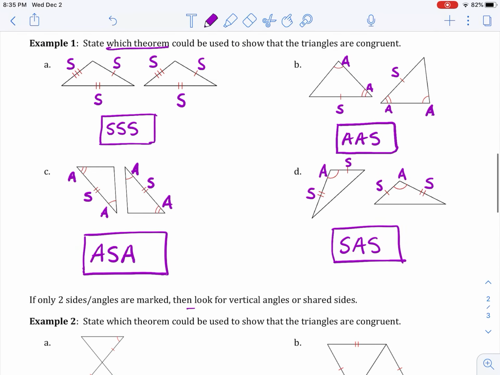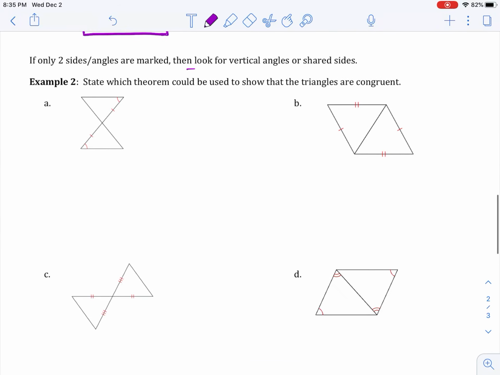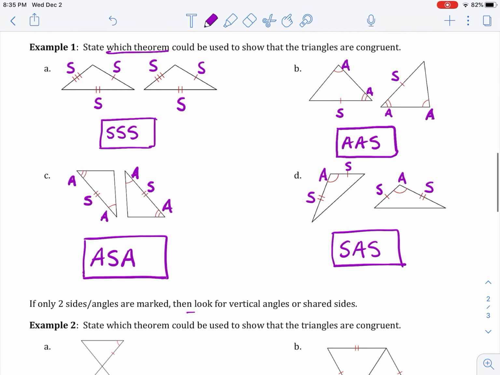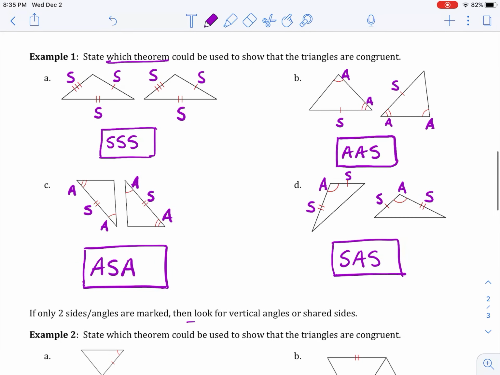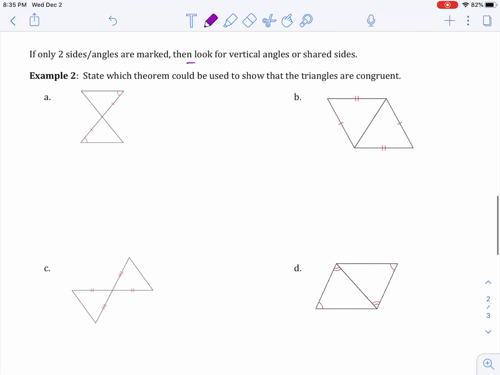There were either a combination of tick marks and arc marks, but 3 things were marked in each triangle in example 1. In example 2, notice how there's only 2 markings in each triangle. But also notice how these triangles are actually meeting up with each other. Notice in example 1, all the triangles were completely separate from each other. But in example 2, do you see how they're touching each other, right?